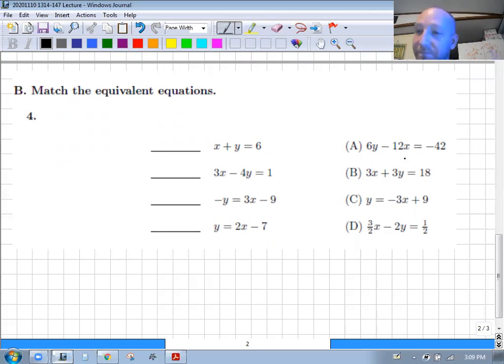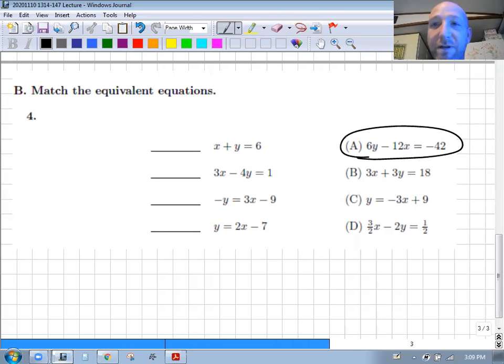All right, let's see. So like this one here, let's see what we could do with it. If we look over here, the 6 is half of 12, right? And we have a negative between the y and the x. 6 is a half of the 12. See, 3 is not half of 4. The coefficient for the x and the y here are the same.